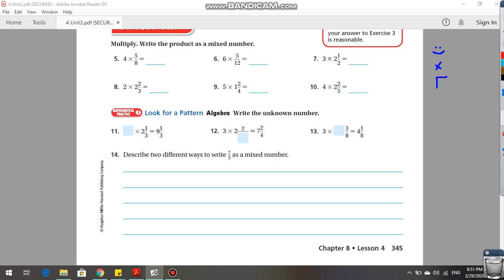If I have a whole number times a mixed number, I use the first step, but here I have a whole number by a fraction, so I'm gonna skip the first one and start with the second step. So 4 times 5 equals 20, and the denominator never changes, so it's gonna be 8.